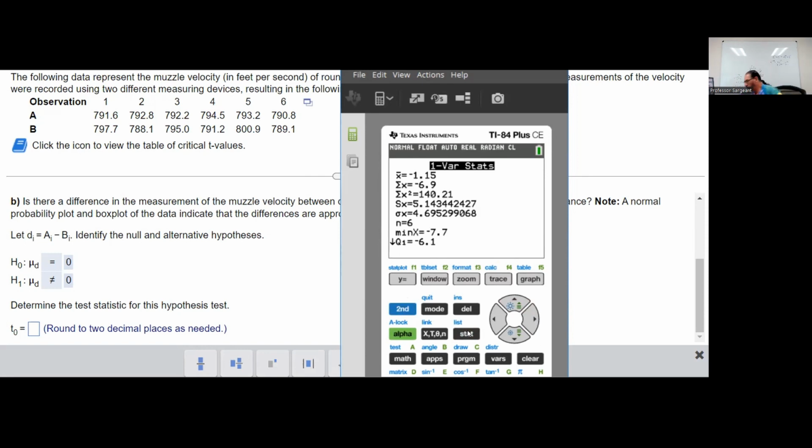I'm getting a D bar of 1.15 that is negative. And S, not sigma, 5.14344 27, all of that divided by the square root of the sample size.